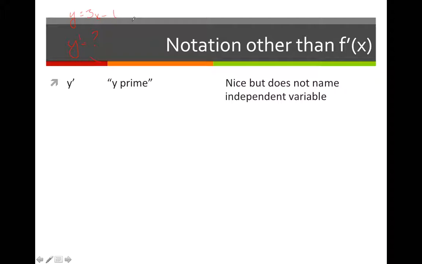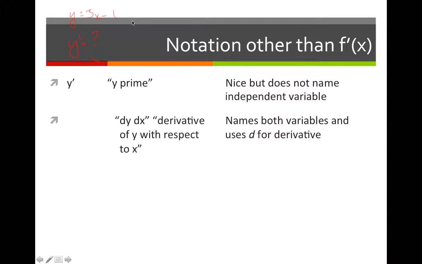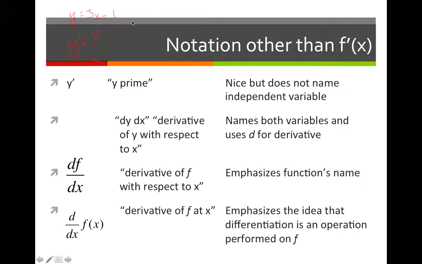There are others. I'm going to put them all four up there because my thing didn't come up when it's supposed to. So under y prime, we get dy dx, and you just read it like that. This is the derivative of y with respect to x. So this tells us both variables and uses the letter d for derivative, basically.